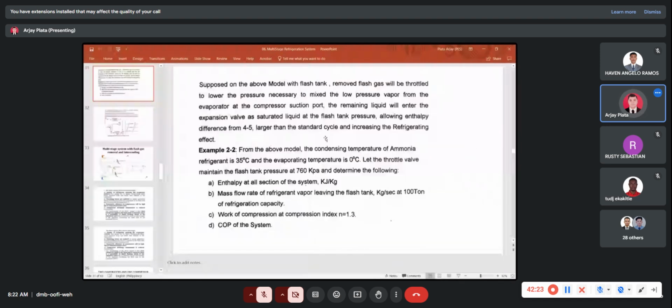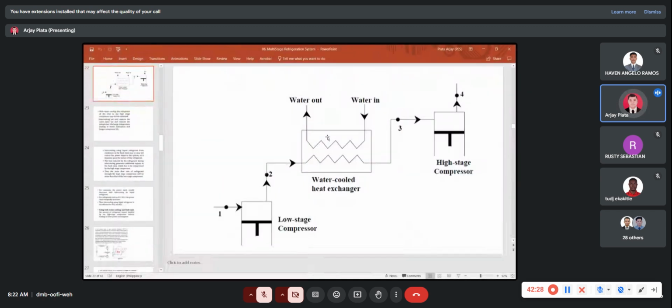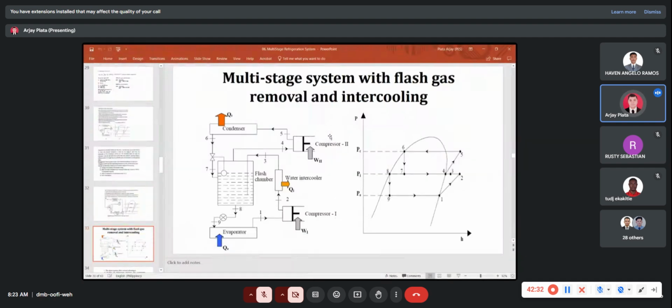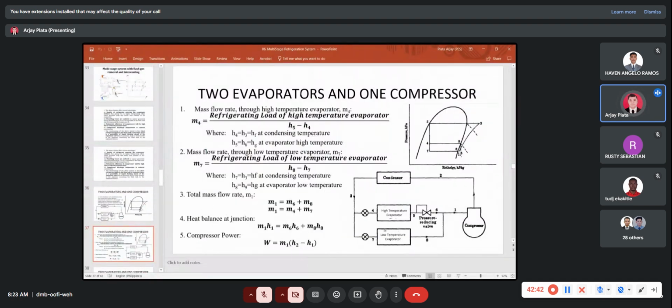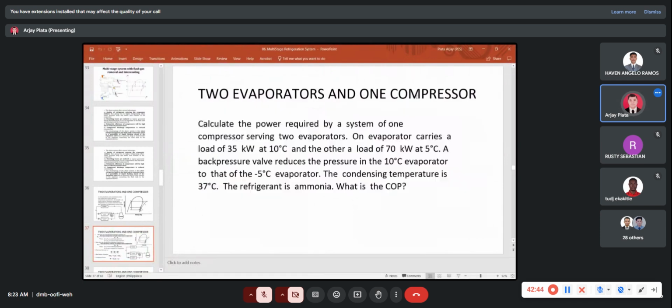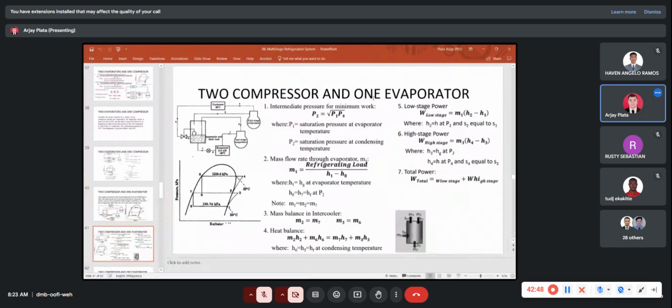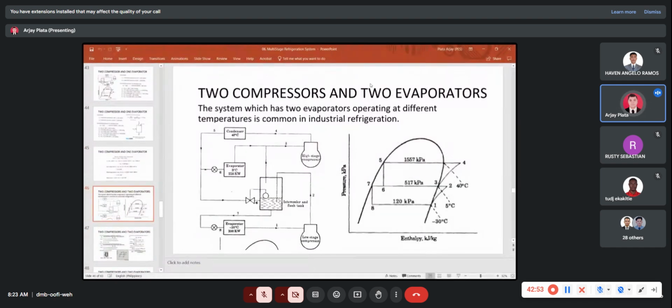So there are different configurations in a multi-stage refrigeration system. For example, we have a multi-stage refrigeration system with flash gas removal and intercooling. Later we will discuss what flash gas removal and intercooling are. And then two evaporators and one compressor, two compressors and one evaporator, two compressors and two evaporators.